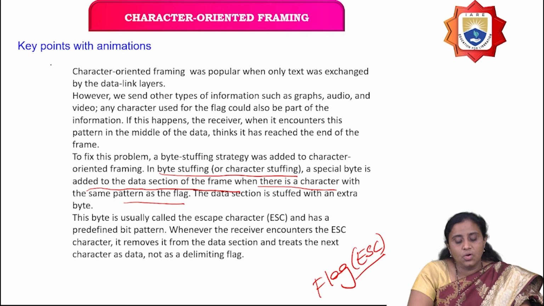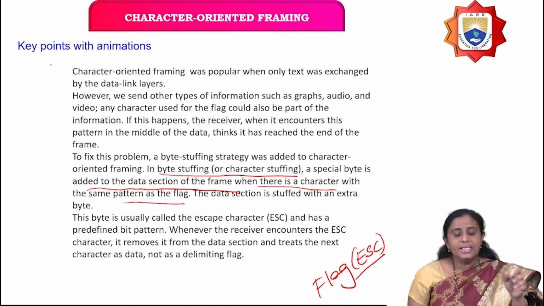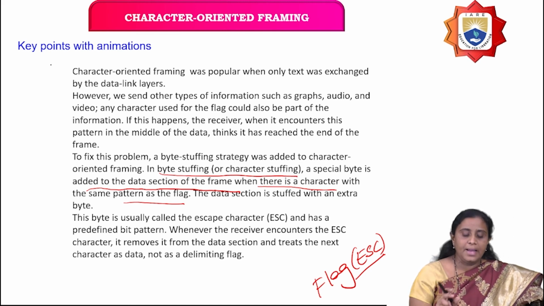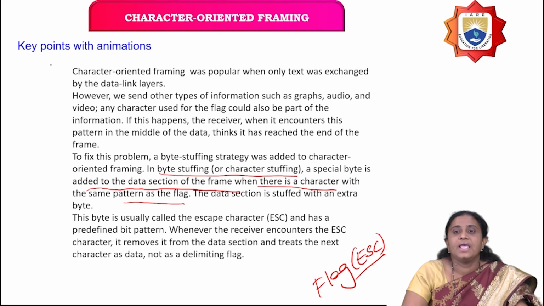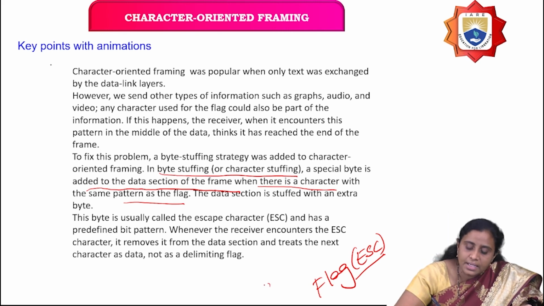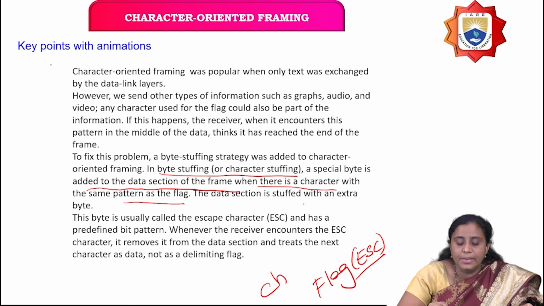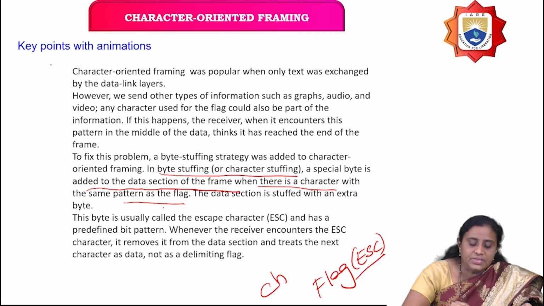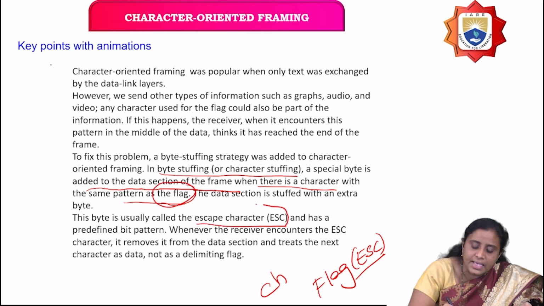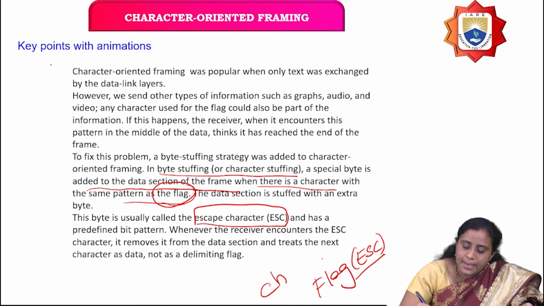The second point is that the data section is stuffed with an extra byte. This byte, that character byte, is usually called an escape character. The character byte already in the data section of the frame is included when there is a character with the same pattern as the flag, and that we call an escape character.